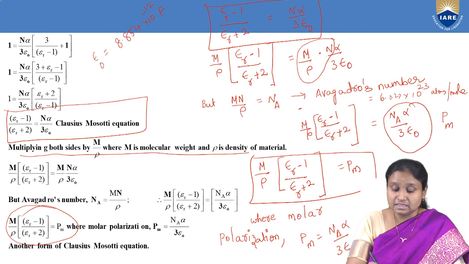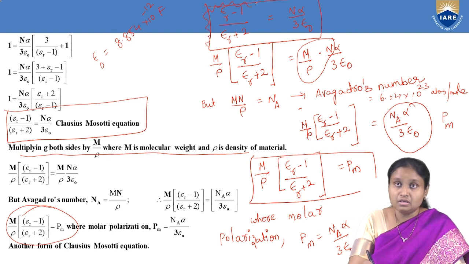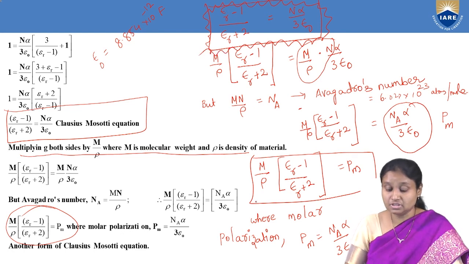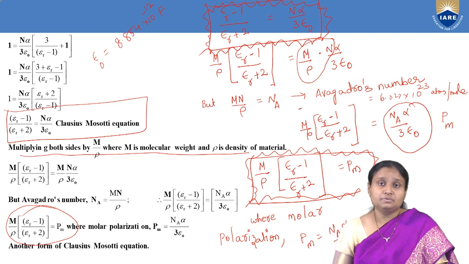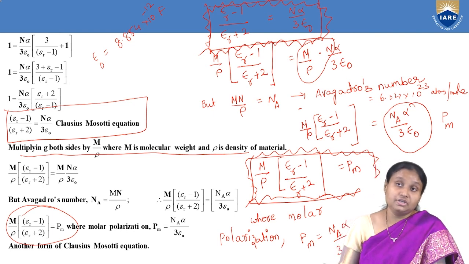So as you can see, this is a very important expression. This is one form of the Clausius-Mosotti equation, and then we have one more expression, which is another form. As I told you, this equation is very useful.